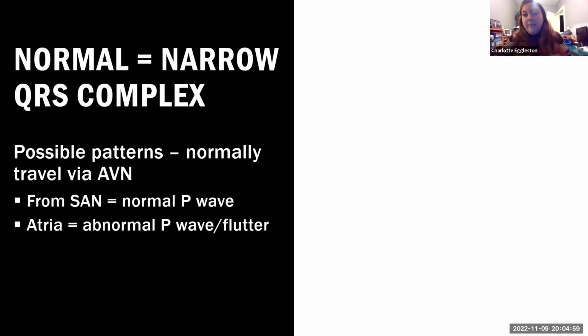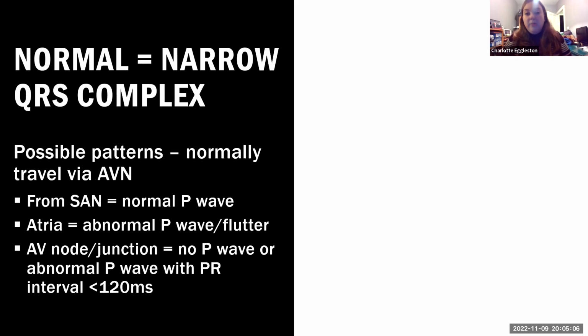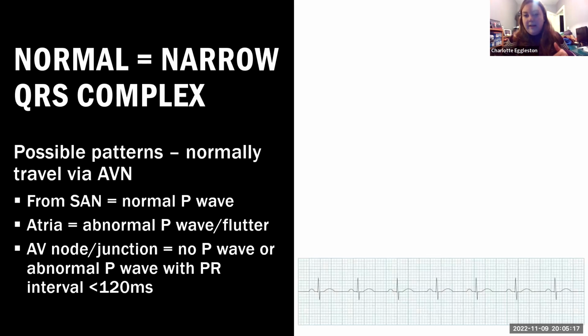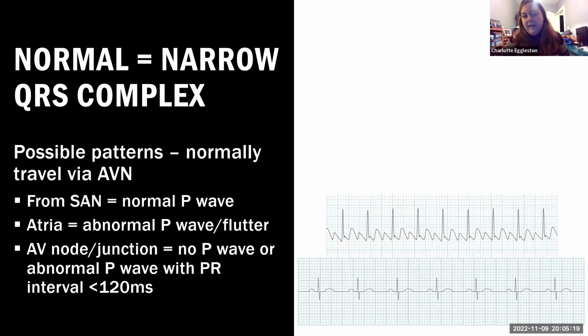You've still got electricity coming down that pathway, but something's gone wrong at the top, so you've got your nice normal QRS but no P wave. Or it could be a rhythm coming from the junction or from the AV node itself. That might be where you've got your upside down P wave, a short PR interval, but a nice normal QRS. So they'll be nice and thin like this.